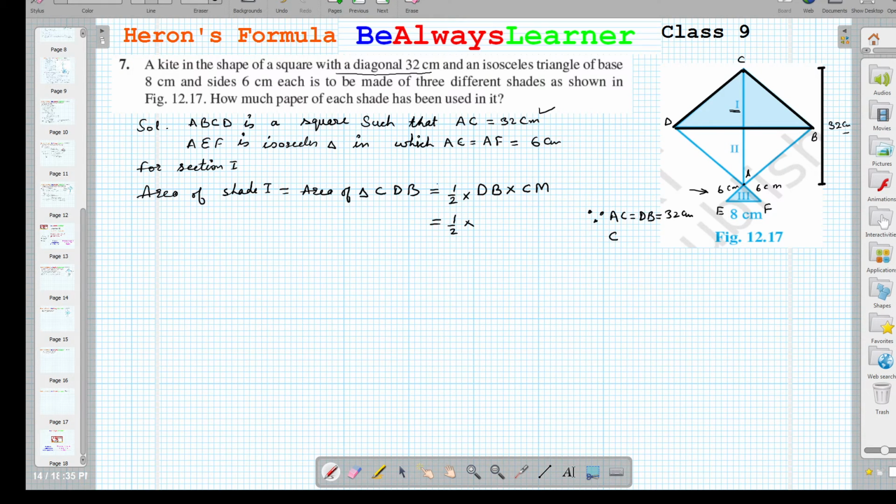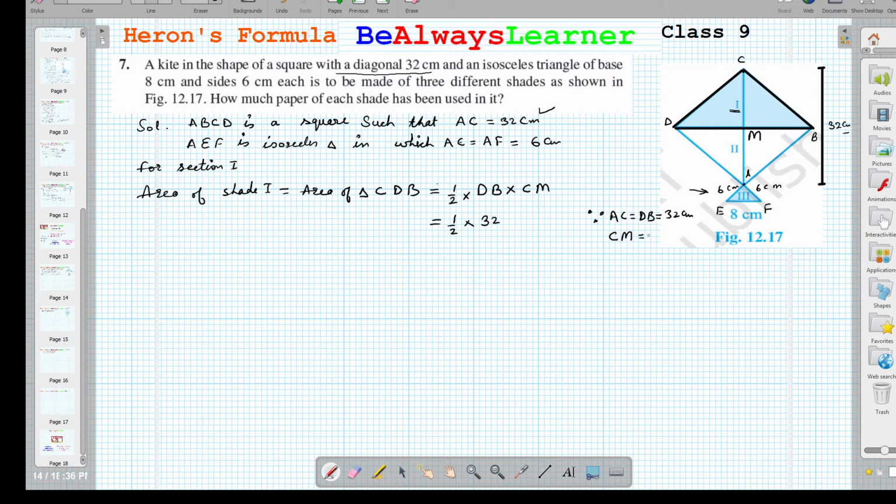Another is CM. If I'm going to say this is M, then it is CM. This is height of the triangle. So DB is 32. We have to calculate CM now.